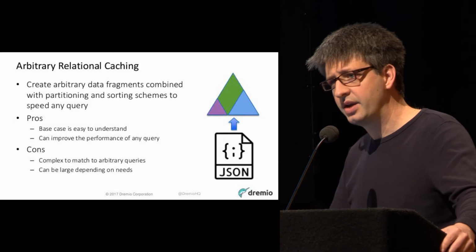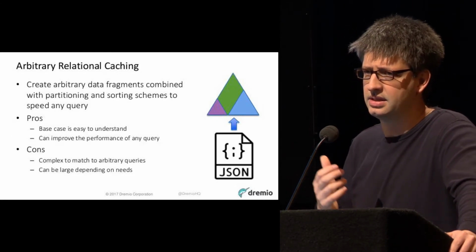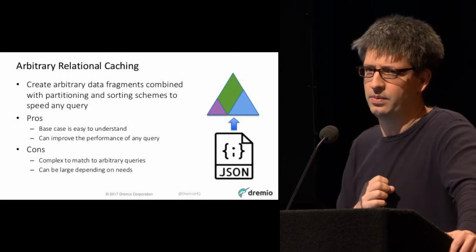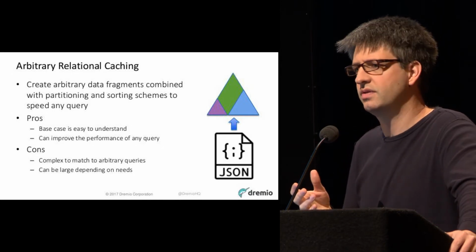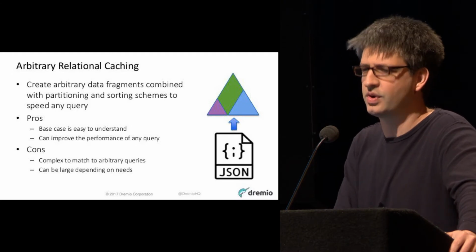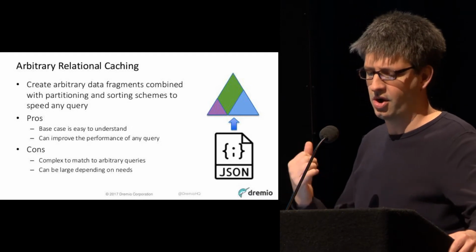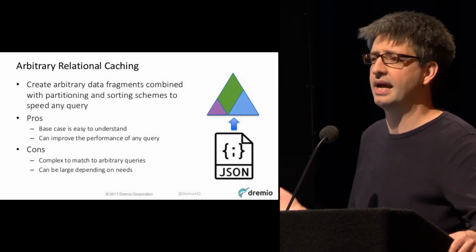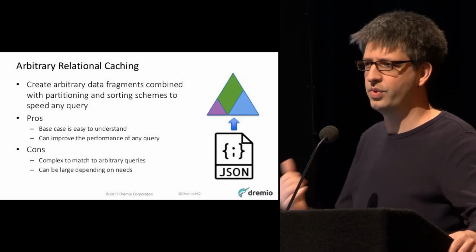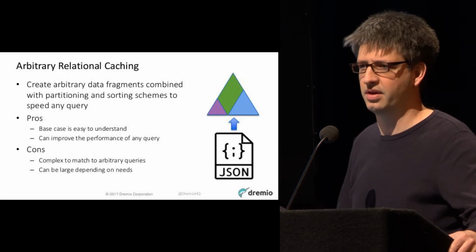And so that is why you bring in the second concept, which is arbitrary relational caching. This is a similar idea to cubing: I'm going to create an alternative version of the data, and use it in replacement of going to the original source and reconstructing the answer. But I'm going to use it for an arbitrary design. So, I want to do a window frame, join these two tables, and then do an intersection with this other thing.